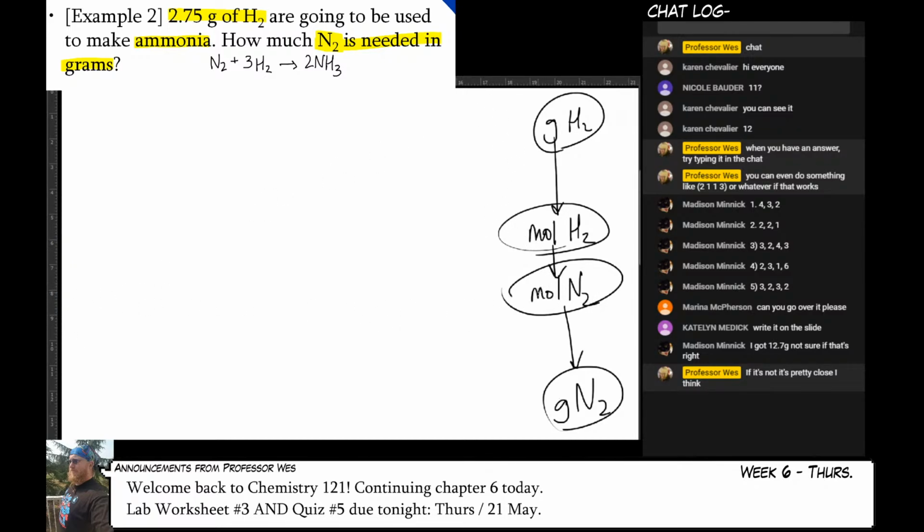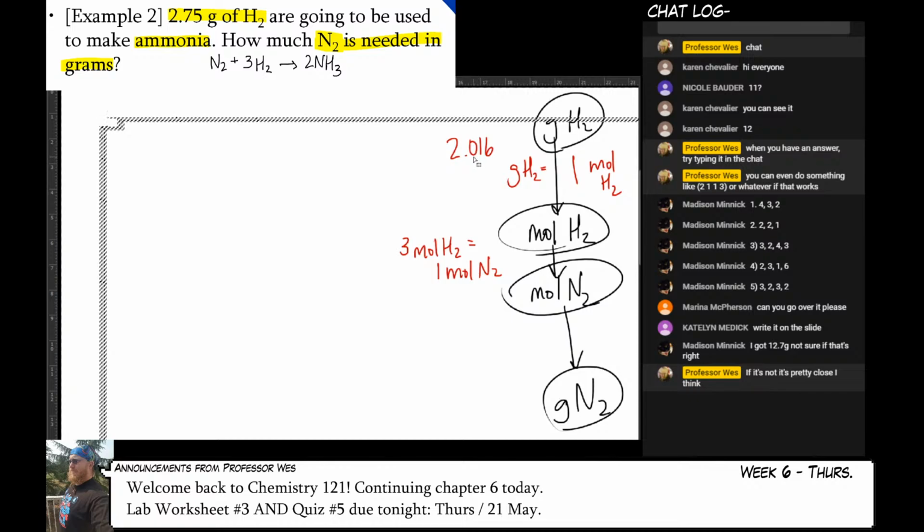So let's start with the central relationship from the balanced chemical equation. Moles H2, moles N2. And according to our balanced chemical equation, for every 1 mole of N2 I need 3 moles of H2. And then up here, I can relate H2 in grams to moles. In 1 mole of H2, there are 2.016 grams of hydrogen.